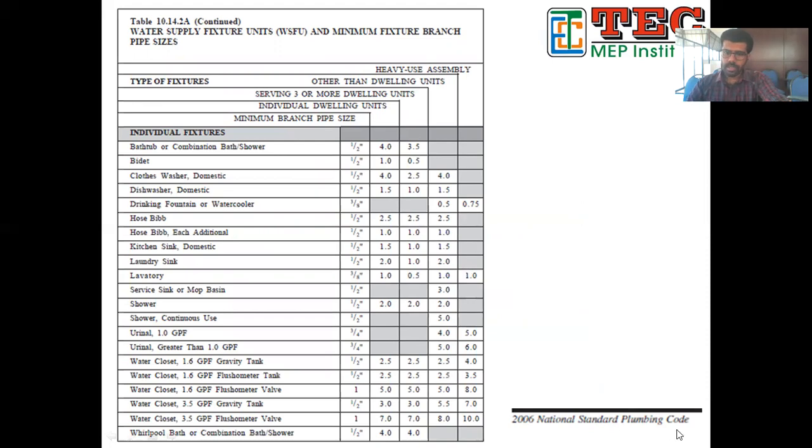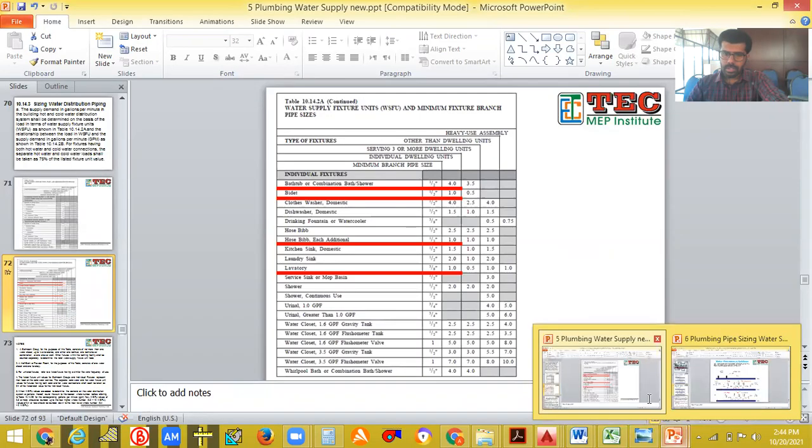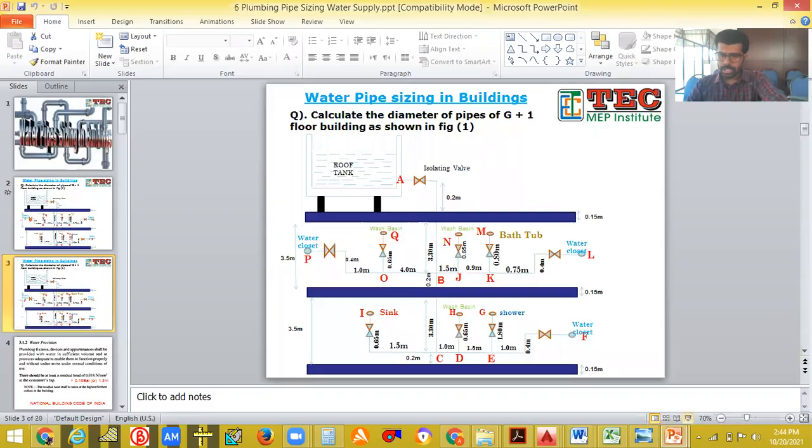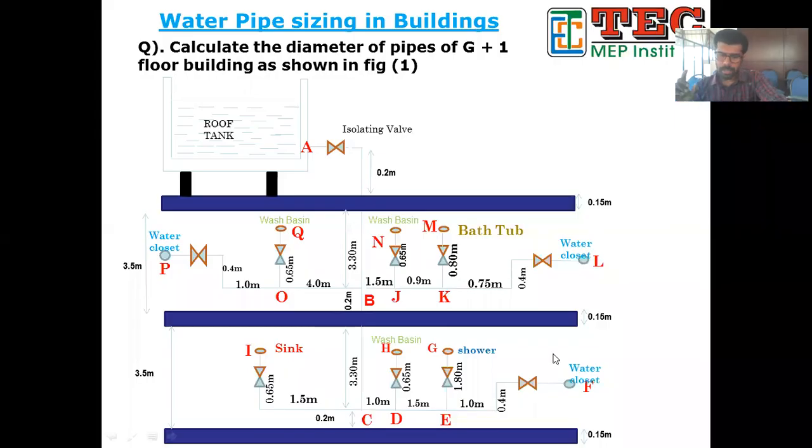Now, next one. Here is the twist: the pipe size will change. Now we are going to find the pipe size of DE. Listen carefully. This DE is a main pipe only. From this pipe, one line goes to the shower and another line goes to the water closet.